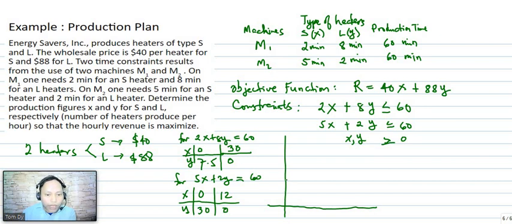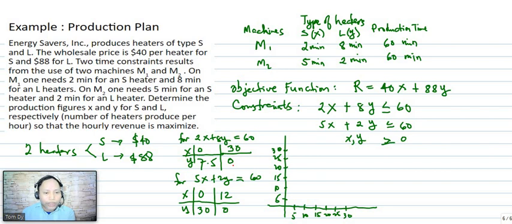We will make this one as 5, 10, 15, 20, 25, 30. This is by 5, and then this one is also by 5. 5, 10, 15, 20, 25, 30. And with this one, 5, 10, 15, 20, 25.